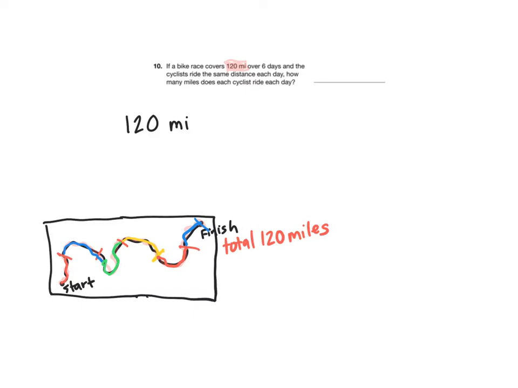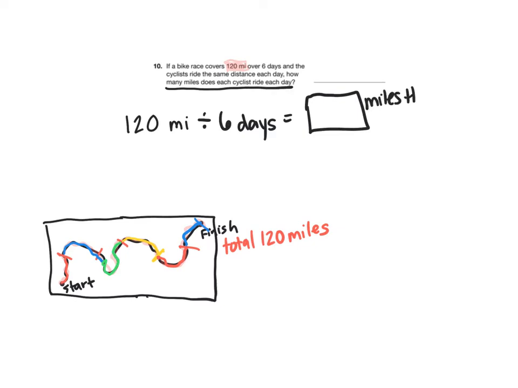So we're essentially going to divide our 120 miles by the 6 days that they'll be riding, and then we have to ask ourselves, what will our answer represent? Our answer is going to represent the miles they ride each day.